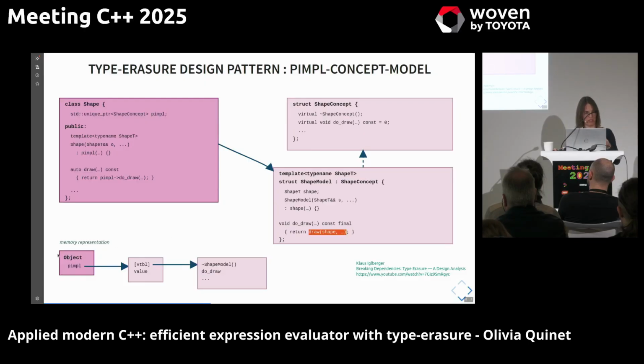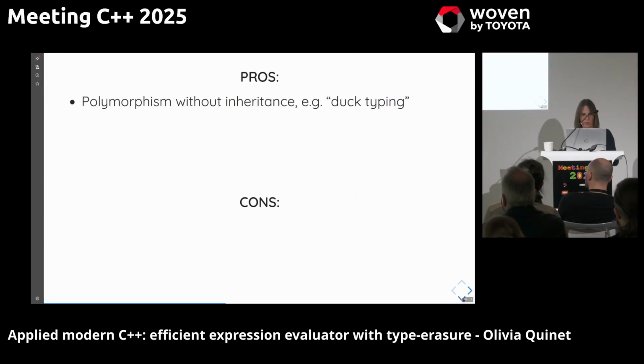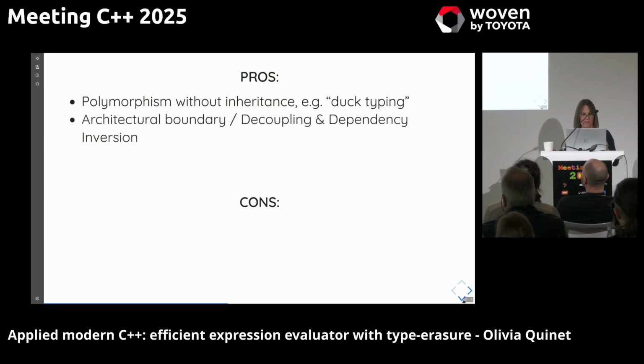For memory representation, you have the value object with the pimpl that is hidden. And in the heap, you have the value with the vtable, which contains all the specialized methods to manipulate that object. The advantages, which are very great, are that you obtain polymorphism without inheritance, like duck typing. You have clear architectural boundaries inside your code.